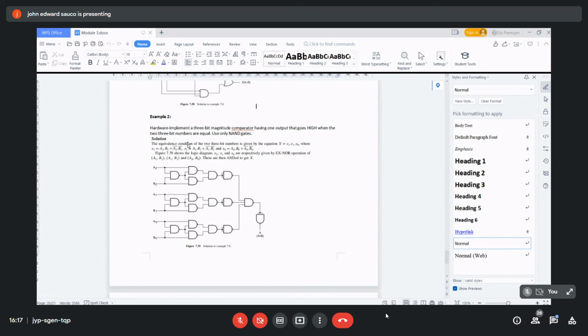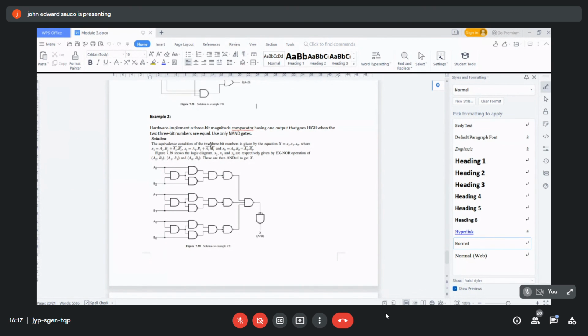Dalawang number, 3-bit sila. Magha-high daw kapag sila ay equal. So, okay. So, ang kailangan natin is equal. Hindi natin kailangan na less than and greater than. So, pero ang sabi dito is NAND gates only.